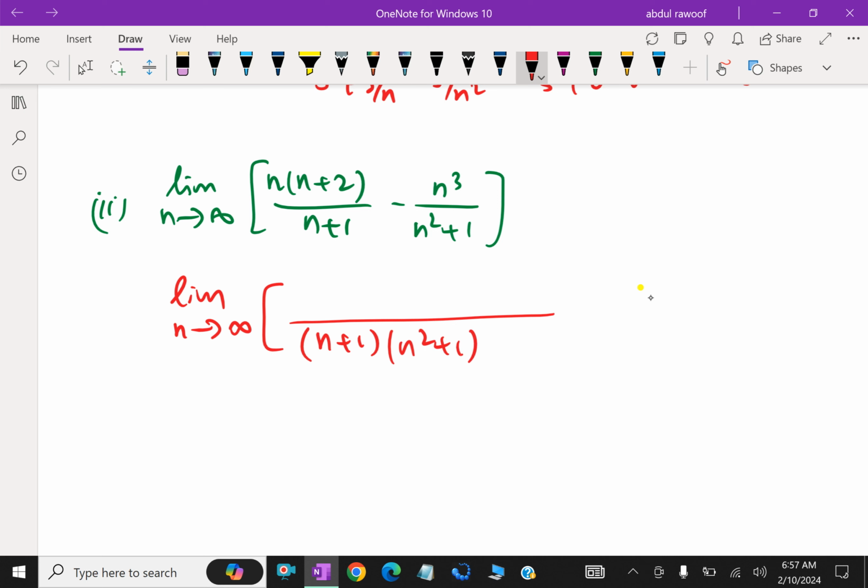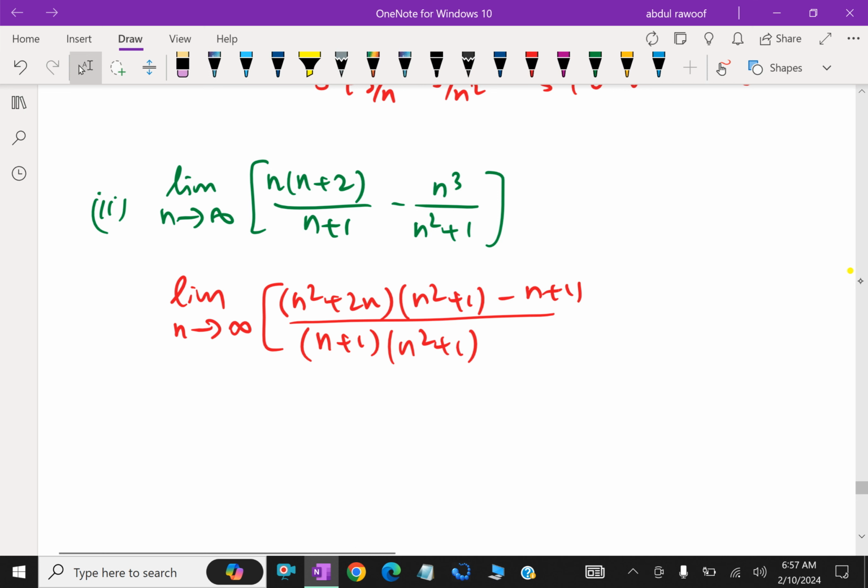Then we get n squared plus 2n into n squared plus 1, then minus n plus 1 into n cube.